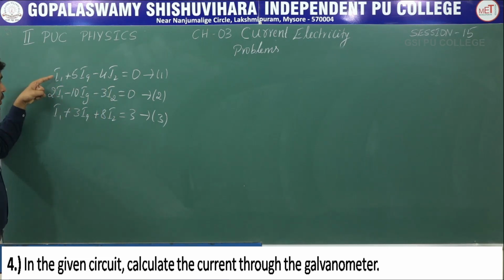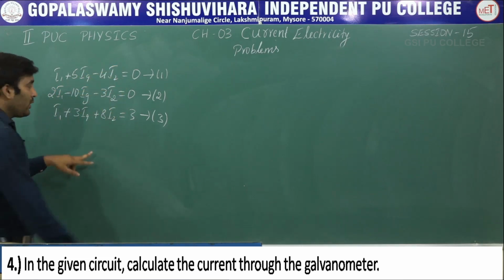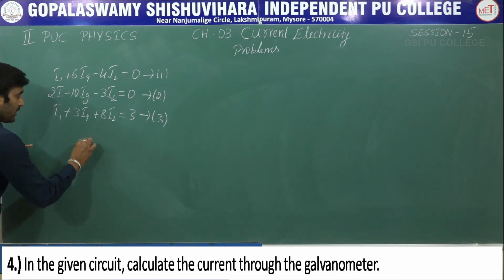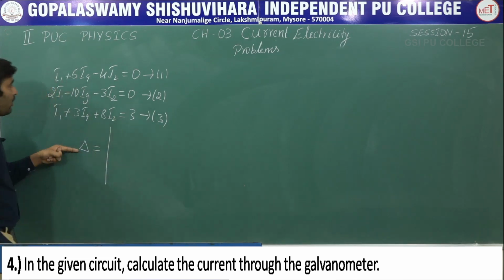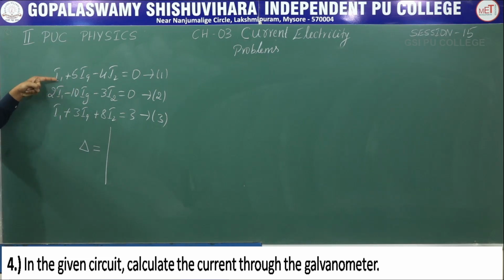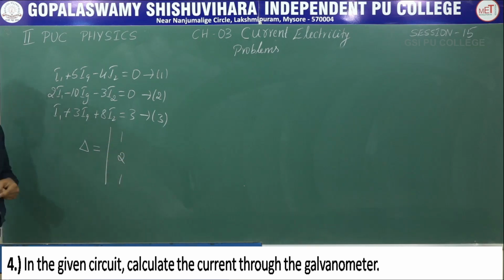We should write the coefficients of I1, Ig and I2 by the columns of the determinant. Look at this. Delta is equal to the determinant of: the coefficients of I1 are the first column, this is 1, 2, 1.